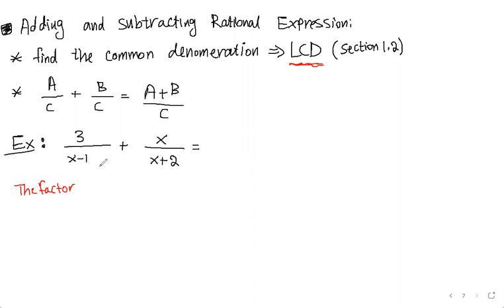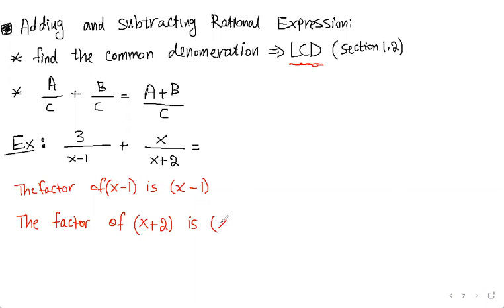Factor the denominator of the first fraction and the denominator of the second fraction. What's the factor of x minus 1? It is factored already. We cannot factor it more, so we keep it like this, x minus 1. What's the factor for the second denominator? Same, x plus 2 is factored already.